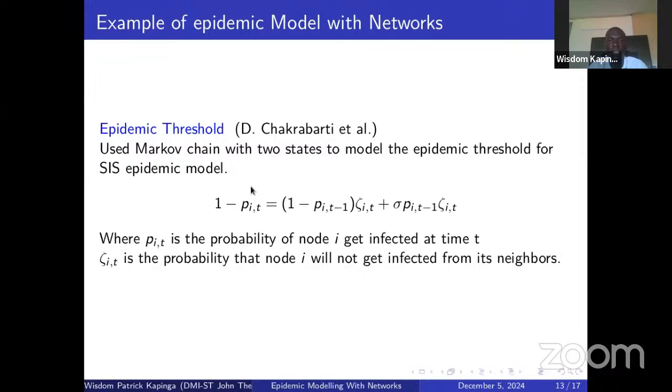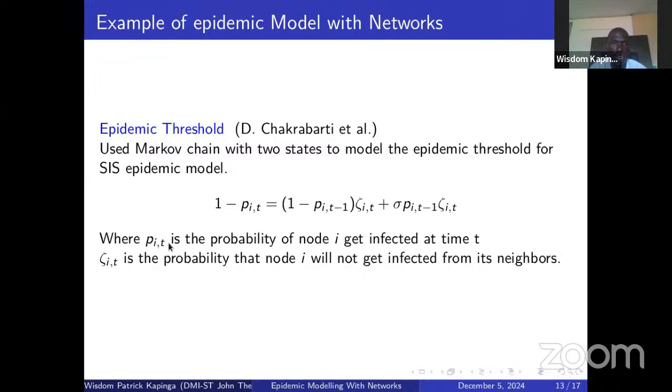So the 2 states that we are going to use in this model are people who are sick and people who are not sick. So, for example, for the people who are not sick, you're going to have 1 minus PIT, and then you use this model.